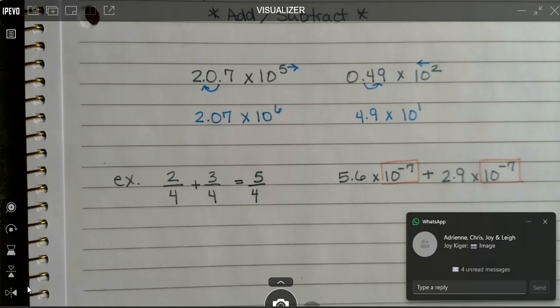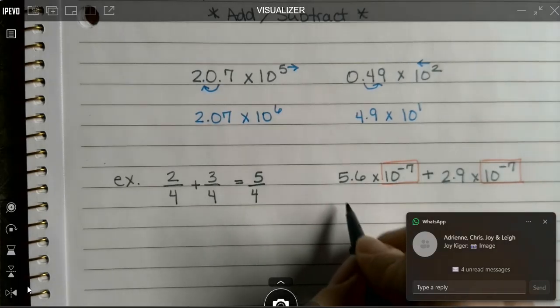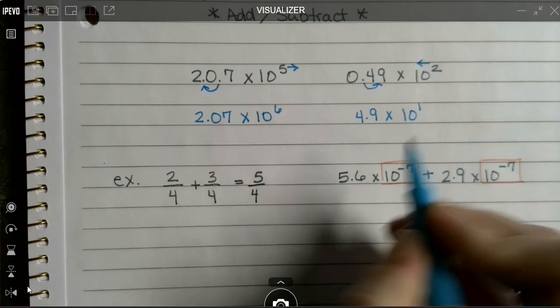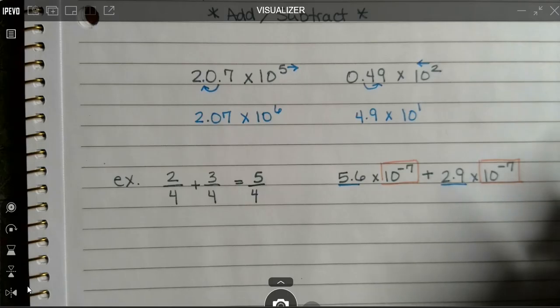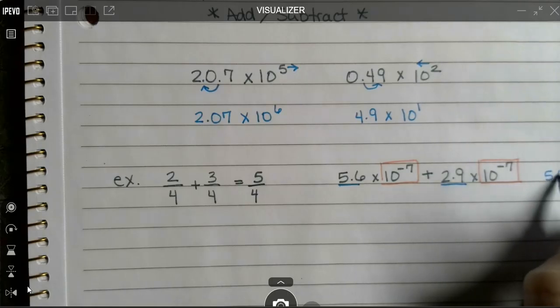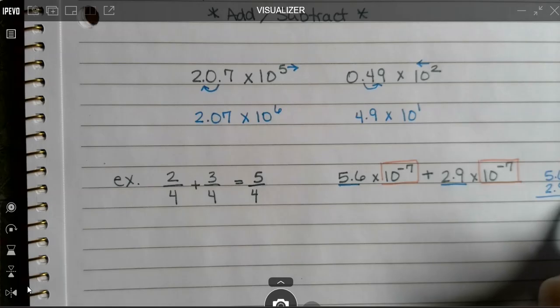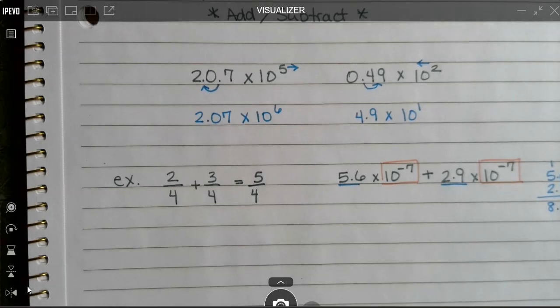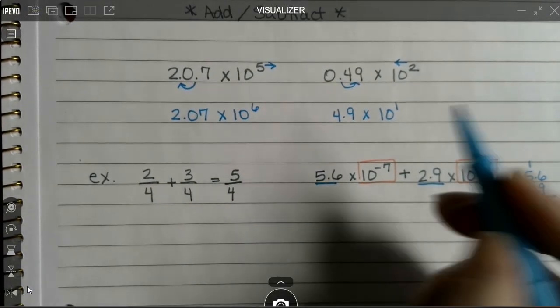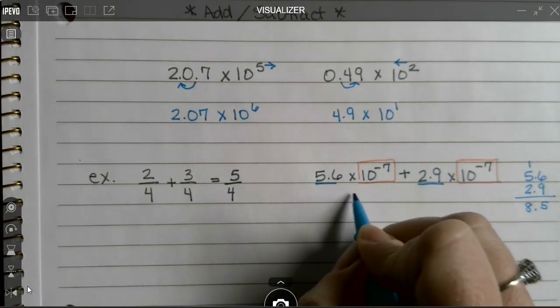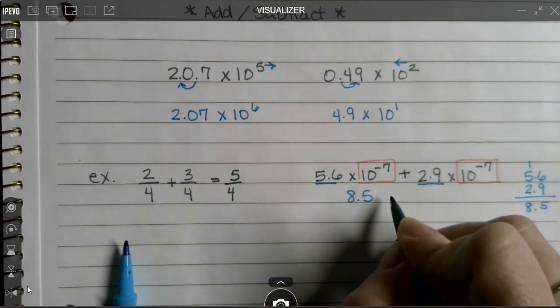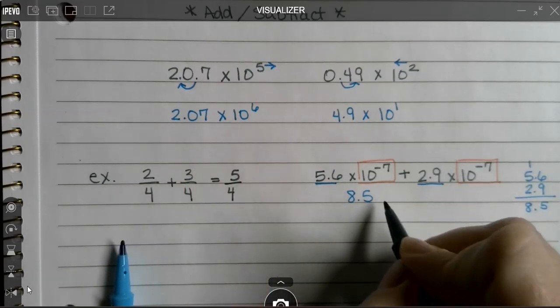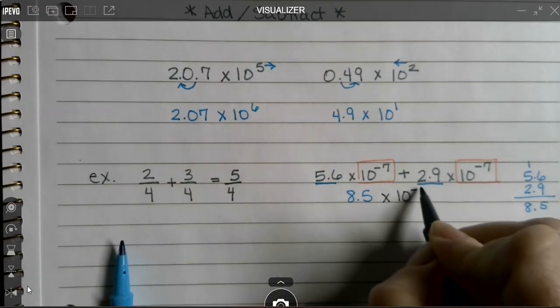So all we have to do is add our leading numbers. We add the 5.6 and the 2.9, and if you need to, you can put it in your calculator, or you can do scratch work on the side, or you might be able to do it in your head. We get 8.5. Okay, so our numbers are added. We have 8.5 now, and we keep the power of 10. Just like we keep the denominator, we keep the same power of 10. So we have 10 to the negative 7th.